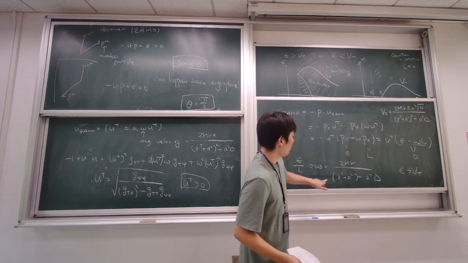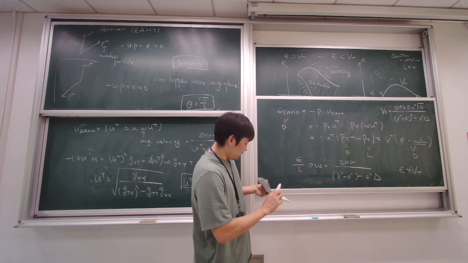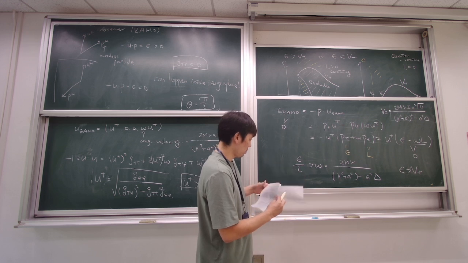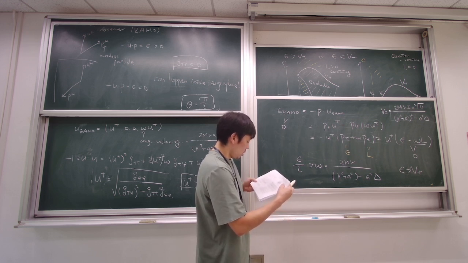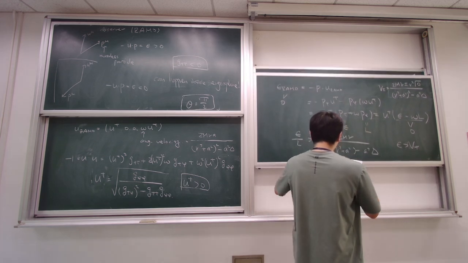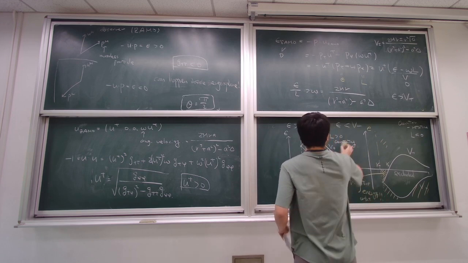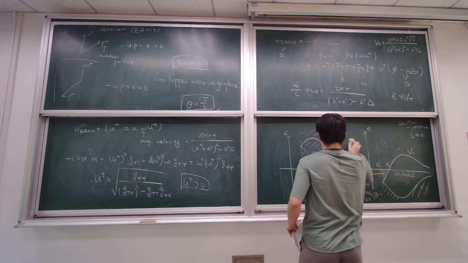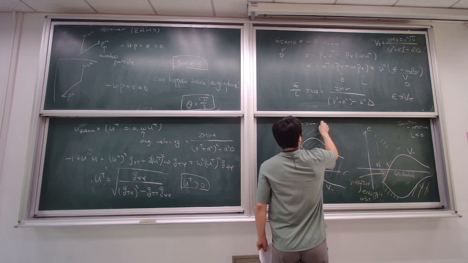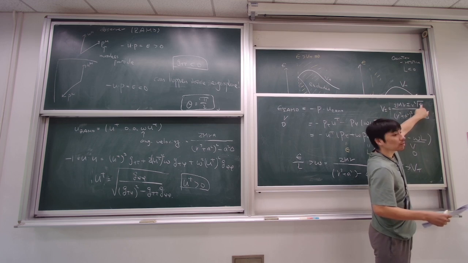Okay, and you compare between these two. And for the co-rotating object, this is the case. Co-rotating, and then epsilon is greater than b plus means that we have the extra plus r squared delta, right?